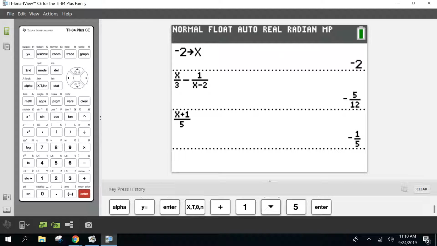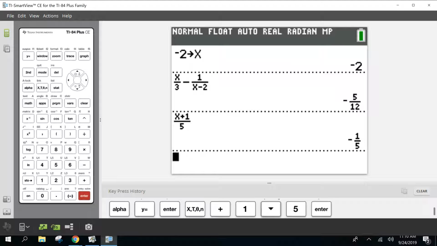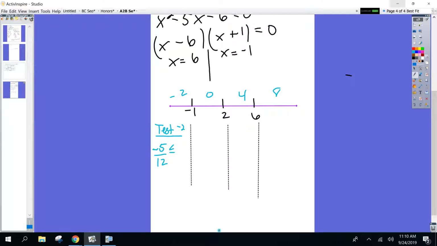And I get -1/5. And now we have a debate. Is that a true statement or not? -5/12 less than -1/5.